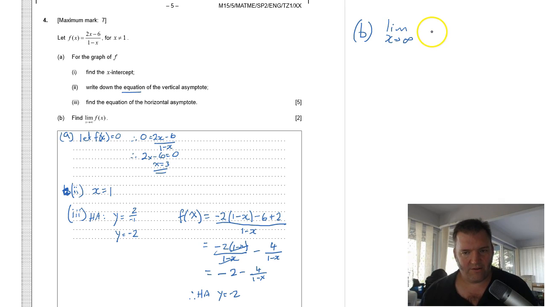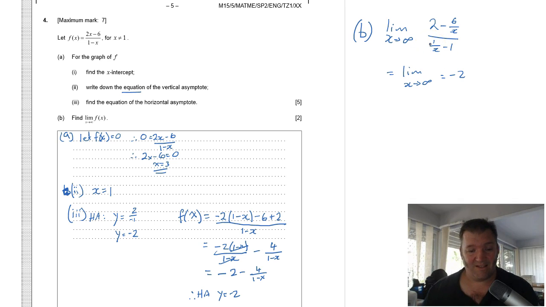I'm going to multiply the numerator by 1 over x, and the denominator by the same thing. So I'm left with (2 − 6/x) divided by (1/x − 1), and you can see the limit as x approaches infinity is equal to negative 2, because 6 over x is going to go to 0, as is 1 over x.